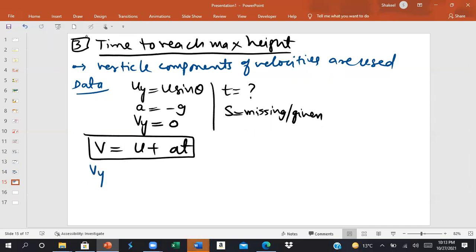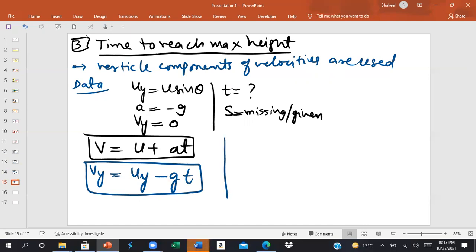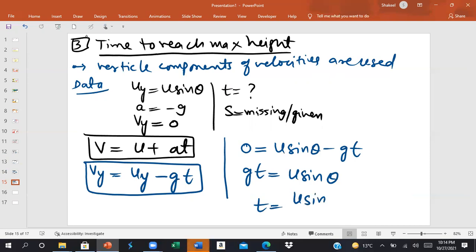So it will be vy is uy minus gt. As it is moving upward, that's why minus gt. You know that at maximum height, Vy is 0, so 0 is u sine theta minus gt, and then gt is u sine theta, and then t is u sine theta over g, sorry, it's g. So you can use this equation to find the time to reach maximum height.